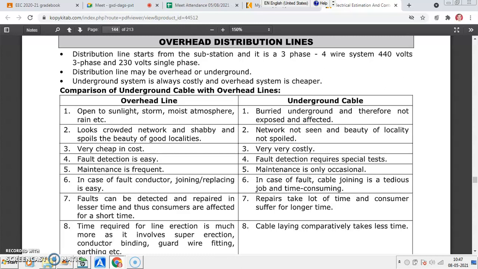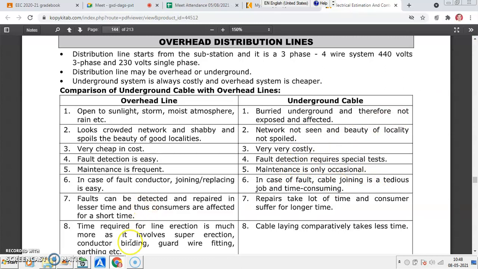In the overhead system, you can have overall supervision and inspection, and whenever there is a fault, you can easily find it by inspecting the line with open eyes. So fault detection is easy. But in the underground system, fault detection is difficult.